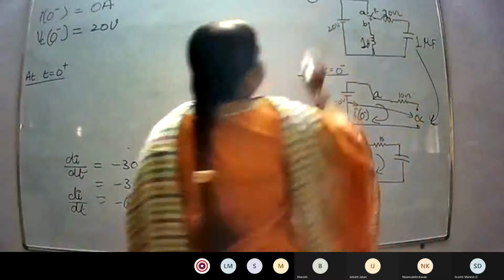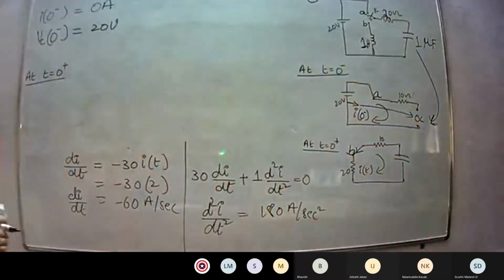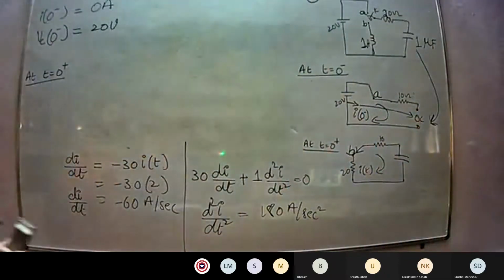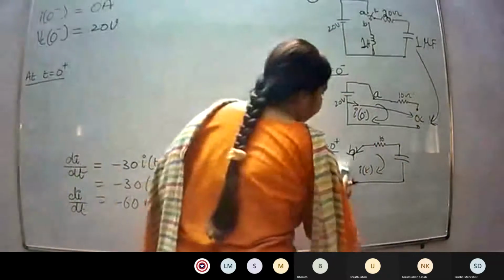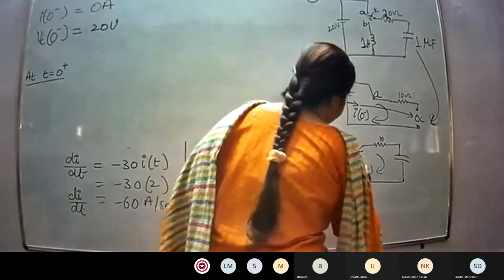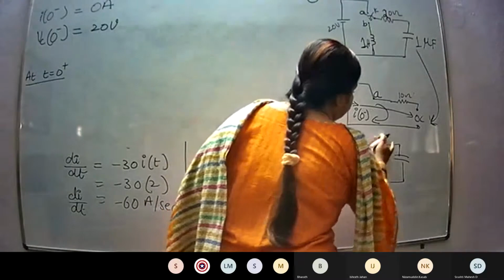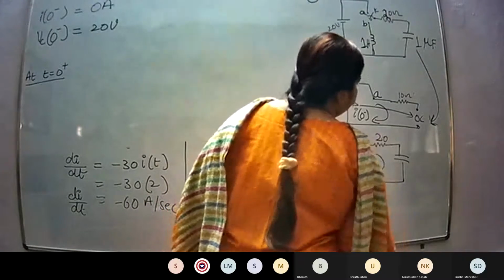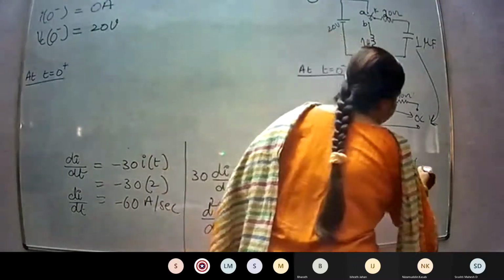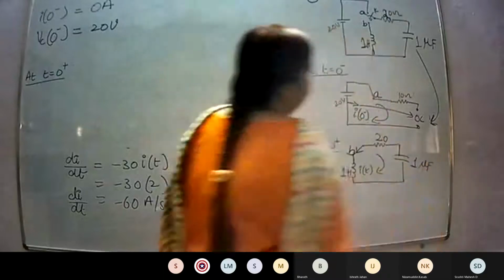Okay, this was our second one. Fine. So next, this also will become an inductor. Inductor is 1 Henry, and this is 20 ohm. And we have a capacitor of 1 microfarad.